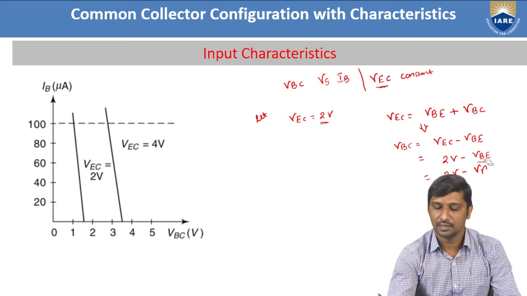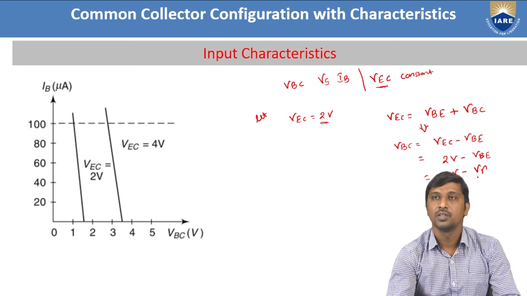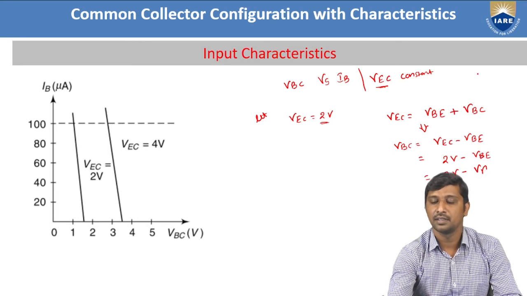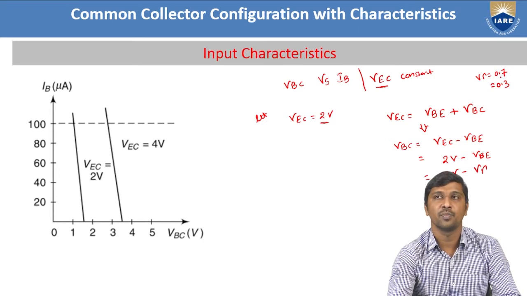So from this case, we know that V gamma is either 0.7 volts or 0.3 volts. If it is a silicon material, the cut-in voltage is 0.7. If it is a germanium material, the cut-in voltage is 0.3.